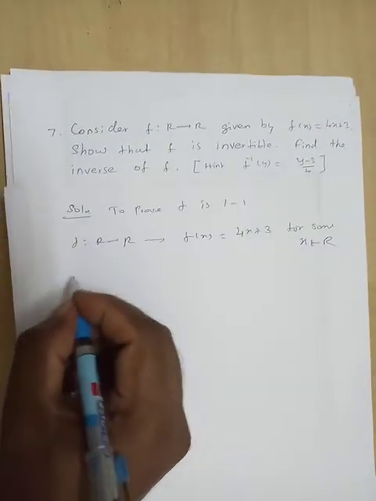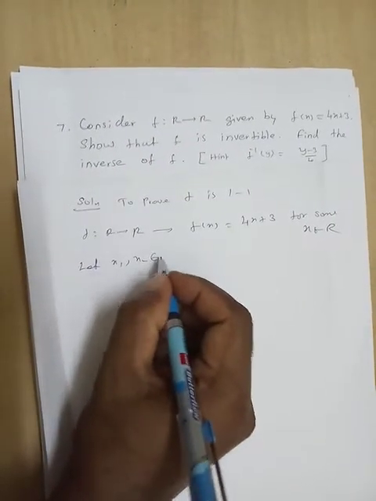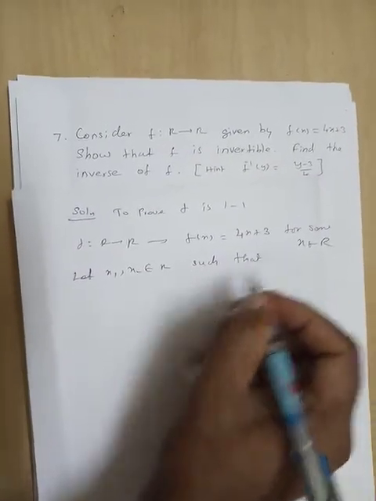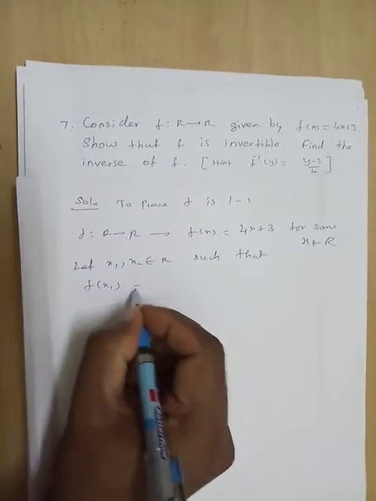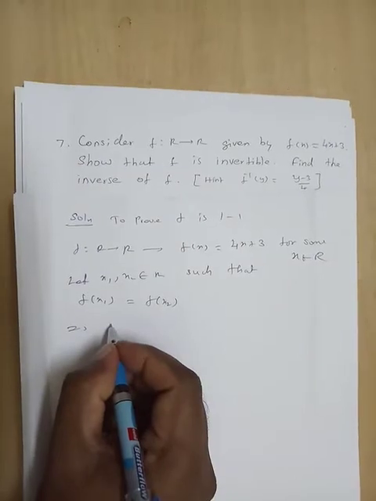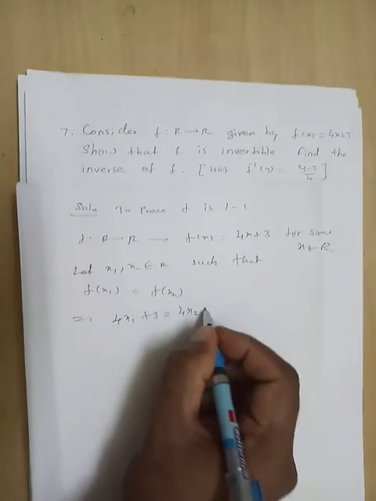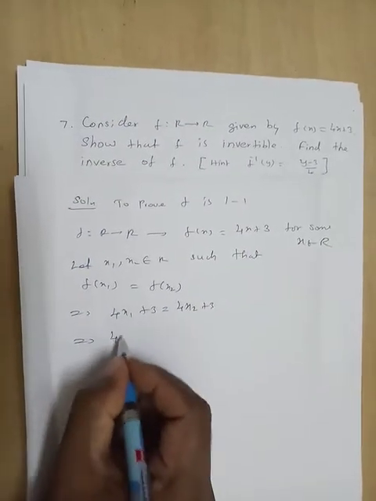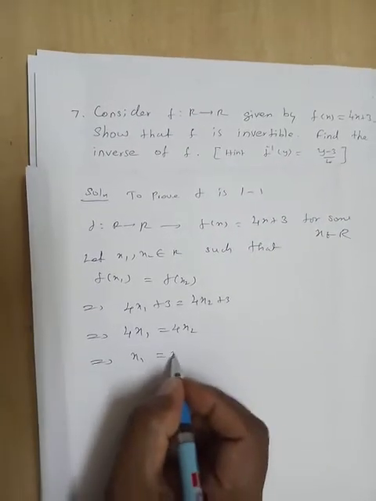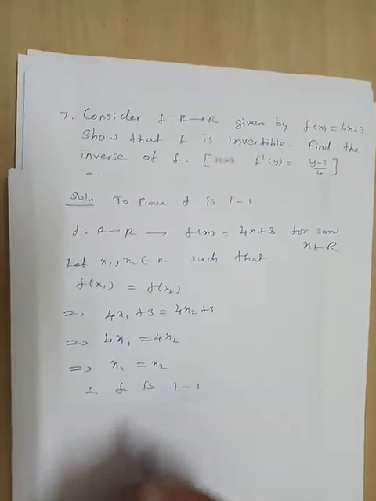Here let x1 comma x2 belong to R, the domain, such that f of x1 equal to f of x2, which implies 4x1 plus 3 equal to 4x2 plus 3, 4x1 equal to 4x2, which implies x1 equal to x2. Therefore, f is 1 to 1.